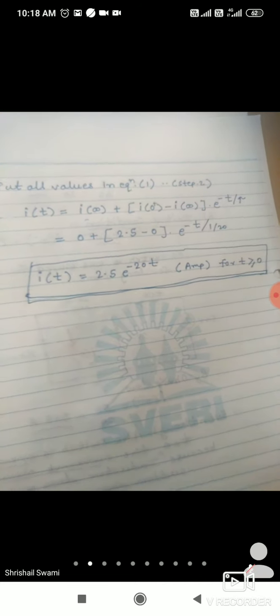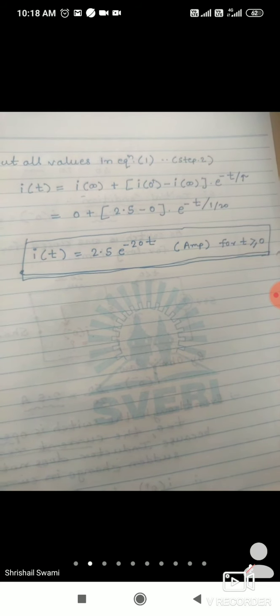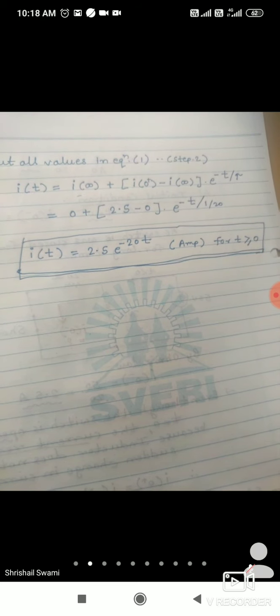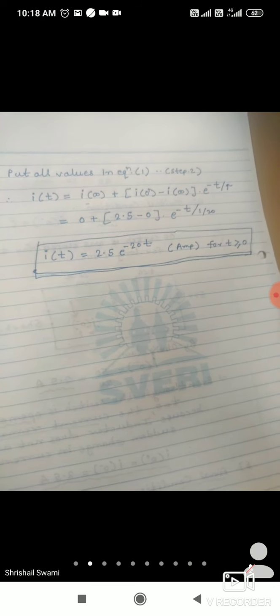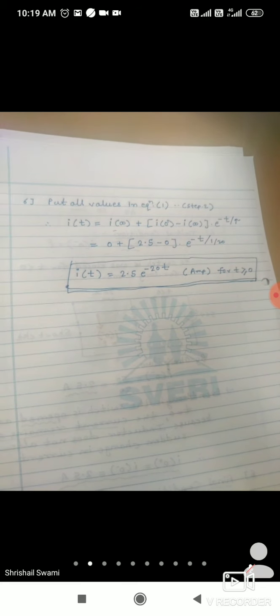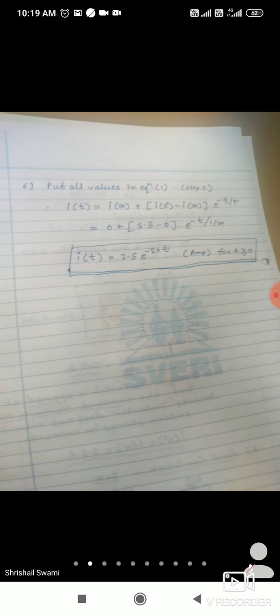I of t is equal to 2.5 into e raised to minus 20 t, unit is ampere, for t greater than or equal to 0. So any doubt in this problem? You can follow the 5 steps, then you get the answer to the given question. But that procedure you can apply if multiple resistors are present in the given network.